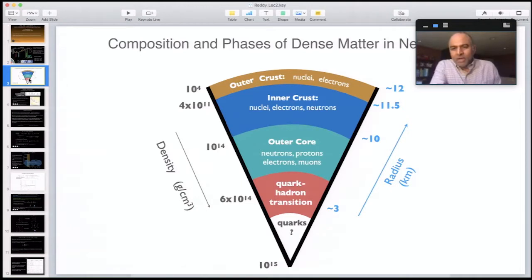So the typical neutron fraction is of the order of 90 to 95%. So having about 5% protons can be important for some aspects, but for properties like the equation of state, it's a very small correction. So if we want to describe the outer core of a neutron star, we really need a theory to describe a dense gas or dense liquid of neutrons.